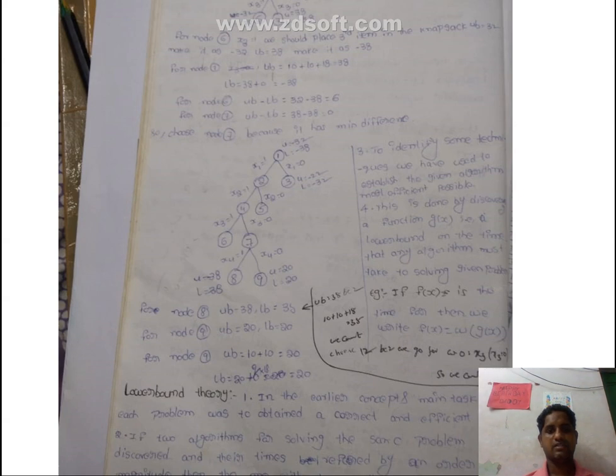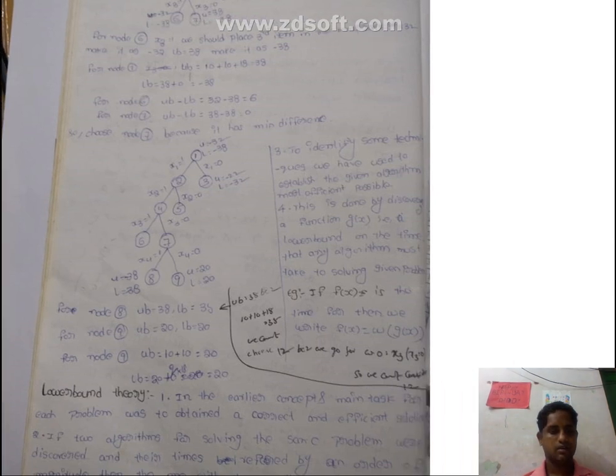That is 10 plus 10, 22, 20. So upper bound 38 because 10 plus. Now we cannot choose 12 because we would go without x3. Without x3, x3 equal to 0, so we cannot consider it as a next node. So we say we do not consider 12.